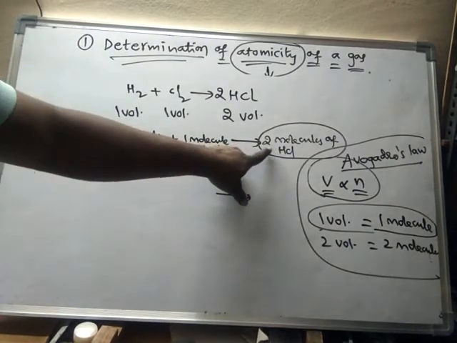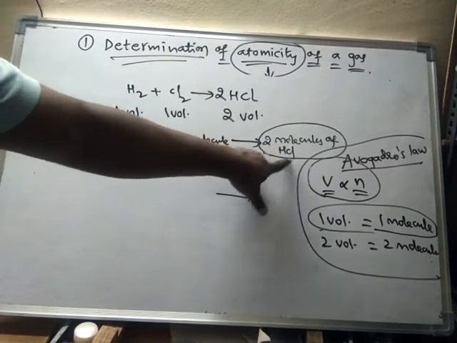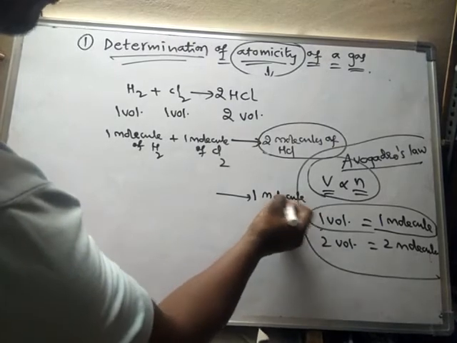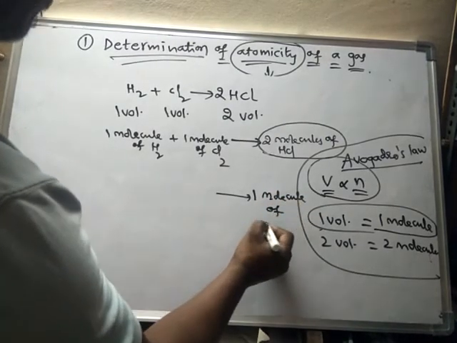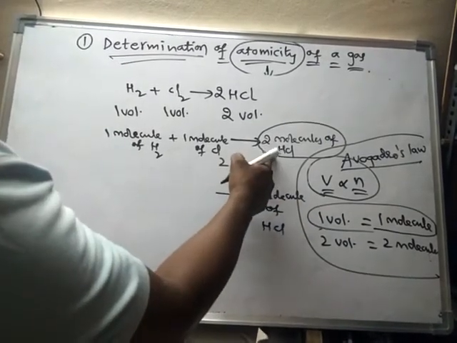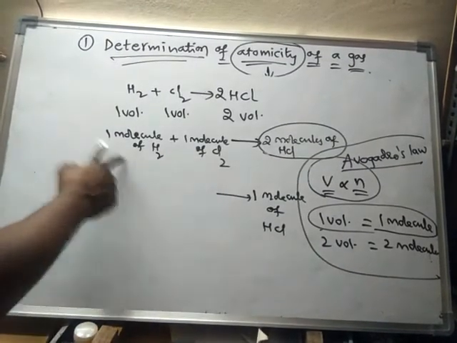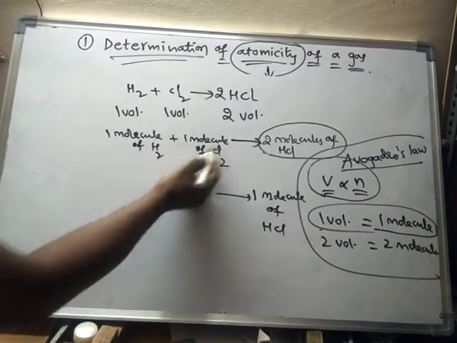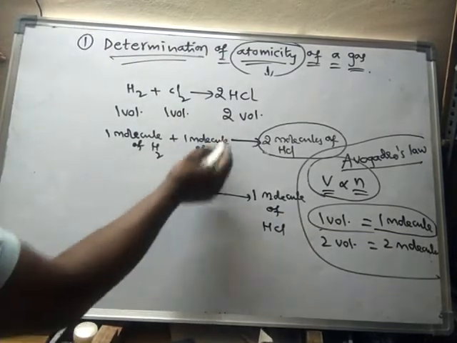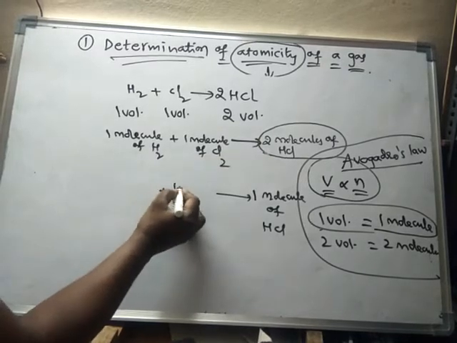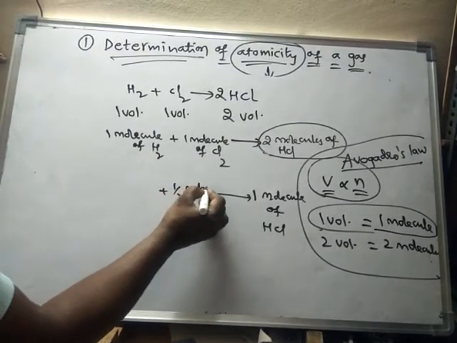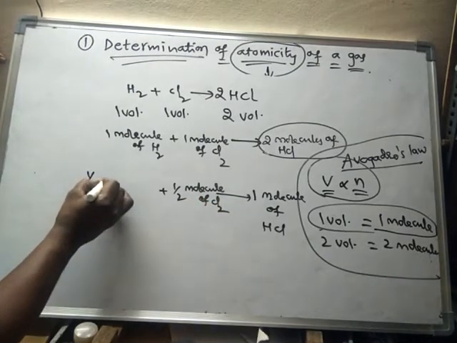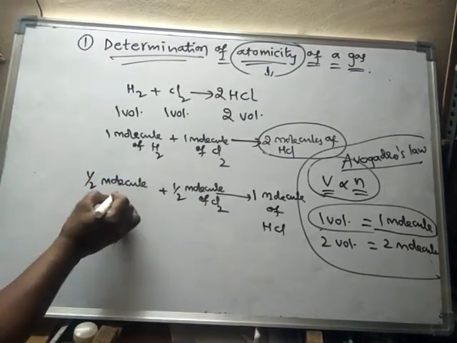So for one molecule of HCl, it requires half of this: half a molecule of chlorine and half a molecule of hydrogen.